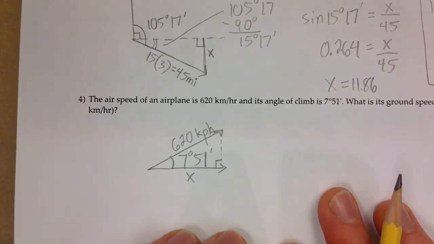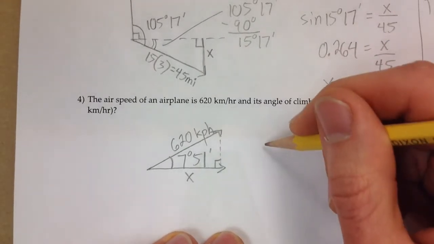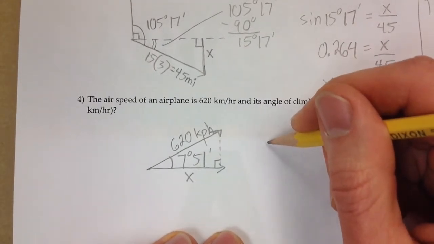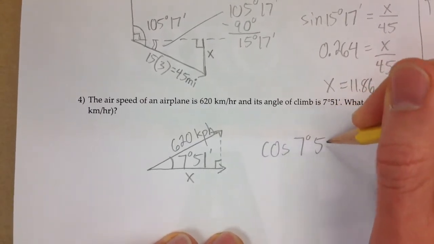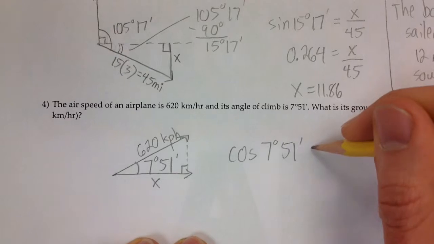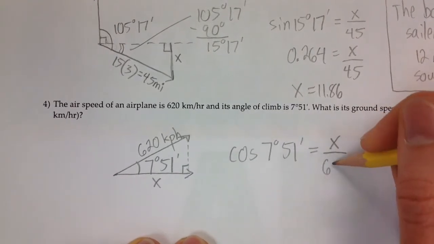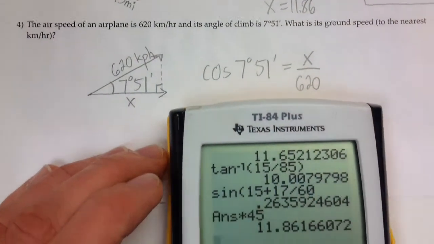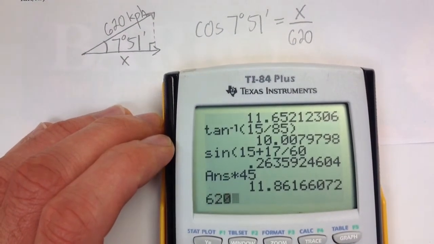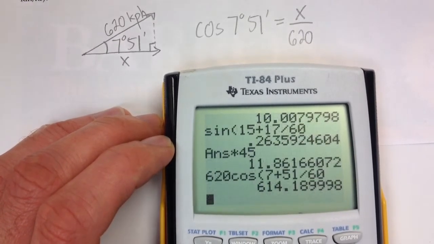The rest is easy. Which trig function, anyone? Cosine, very good. Cosine of 7 degrees, 51 minutes equals adjacent side over hypotenuse. 620 cos 7 plus 51/60ths.